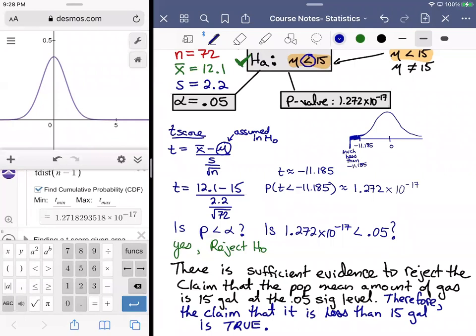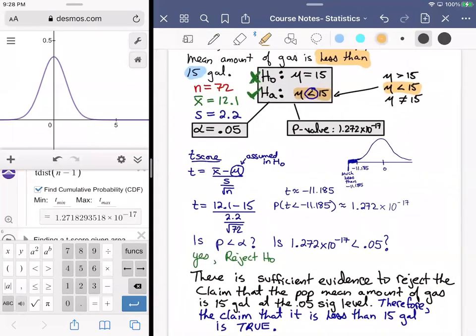And that has to do with the fact that I selected the alternative hypothesis. All right. That alternative hypothesis is addressed in the second sentence. And we indicated by rejecting the null hypothesis that it's the alternative hypothesis that's true.